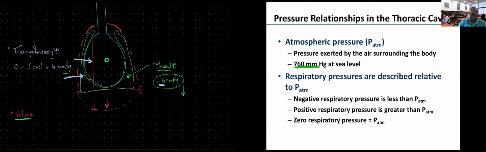So when it decreases, what's going to be the intrapleural pressure? Let's say I decrease the intrapleural pressure by 1 millimeter of mercury. What's going to be the intrapleural pressure now, after I increase the volume of the thoracic cavity by contracting the diaphragm?